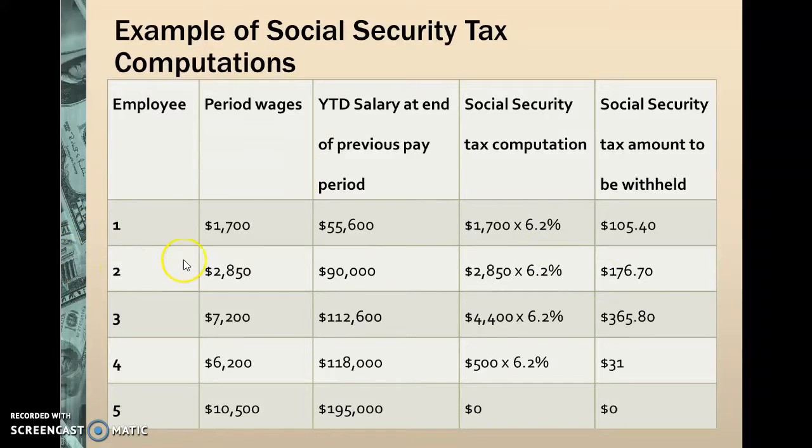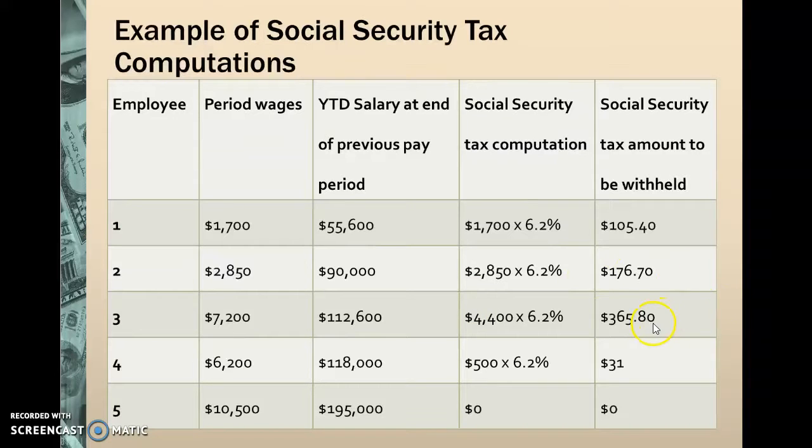For employee number 3, as you notice, their year-to-date salary at the previous pay period is $112,600. Remember, the threshold is $118,500. So $118,500 minus $112,600, the difference is $4,400. So that is the amount that's going to be taxed on the employee's payroll tax at 6.2%.